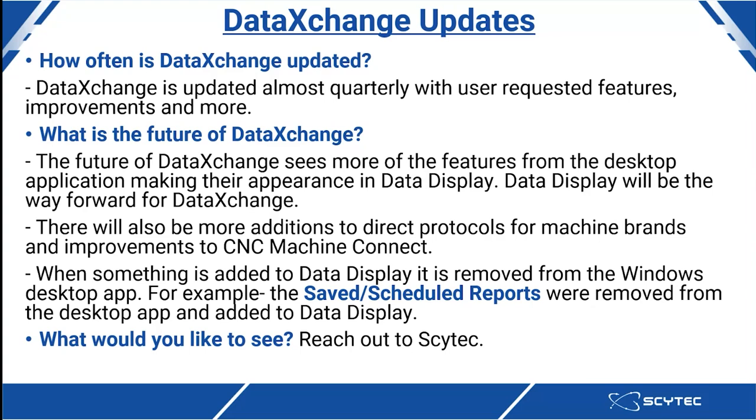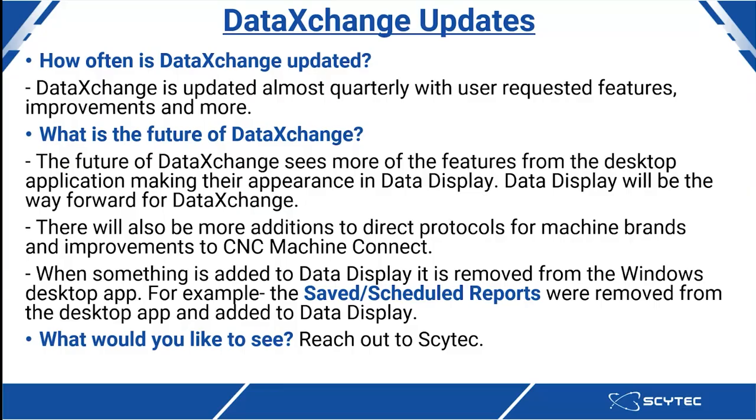A good example of this is these saved and scheduled reports, which I'm going to be discussing later on, were removed from the Windows desktop application earlier this year, and as I mentioned, can now only be found in data display.